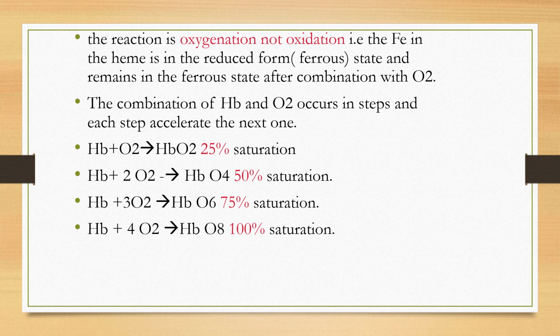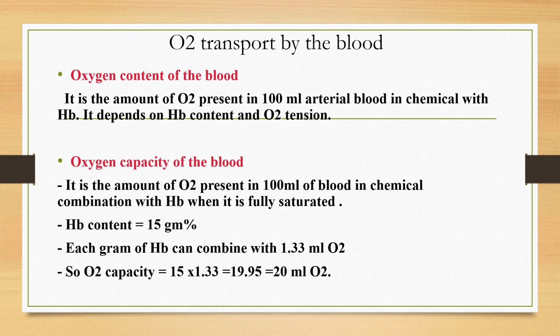So when one subunit carries oxygen and becomes 25% saturated, it accelerates the second subunit to be saturated, and also the third subunit, and so on till full saturation. This is what we call oxygenation in cascade manner.